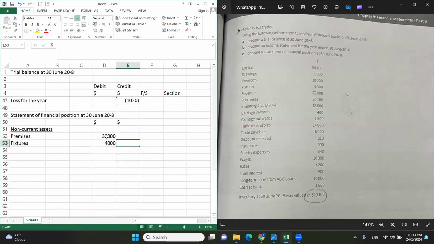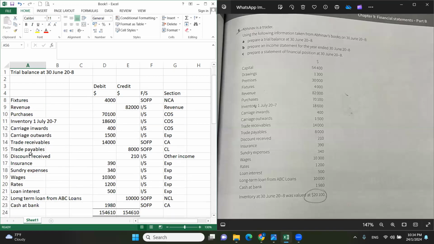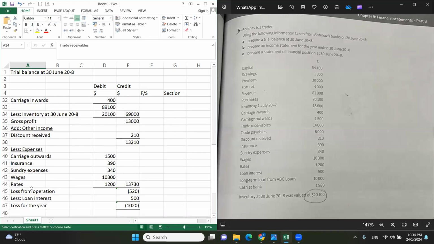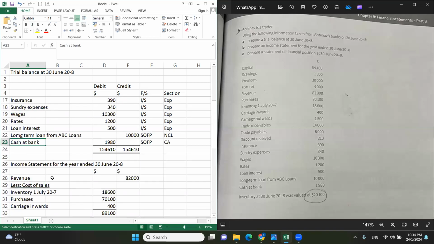So plus together, so this is 34,000. And then next is that we have current asset. So our current asset we have, let me see, here trade receivable, and then cash at bank.